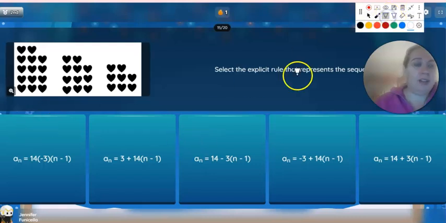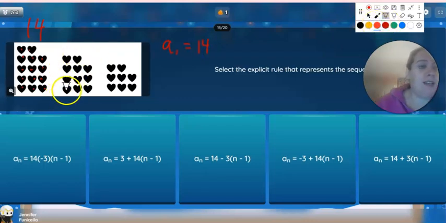Select the explicit rule here. So how many hearts do we start with? 1, 2, 3, 4, 5, 6, 7, 8, 9, 10, 11, 12, 13, 14 hearts. So our A1 is 14. It's getting smaller.